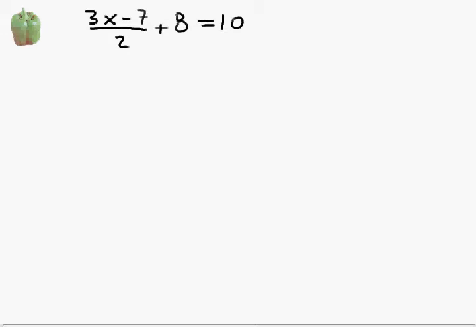So first thing we're going to do is stick with the same method, inverse, reverse, and that means we're going to look at doing this first, then taking care of the 2, then this, and finally we'll get rid of that 3.